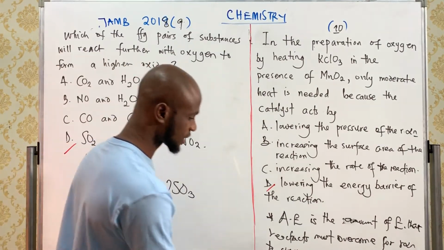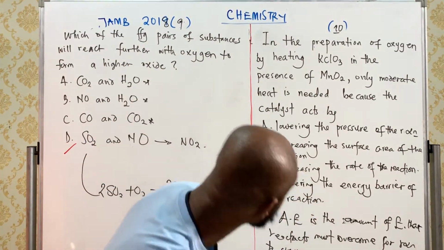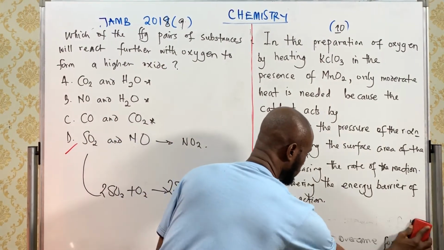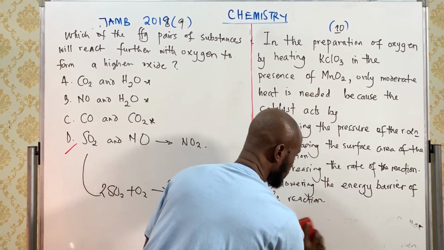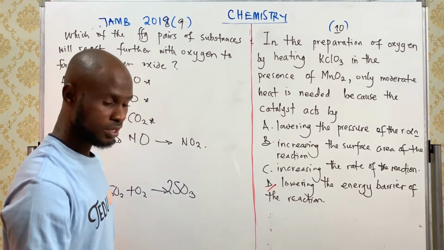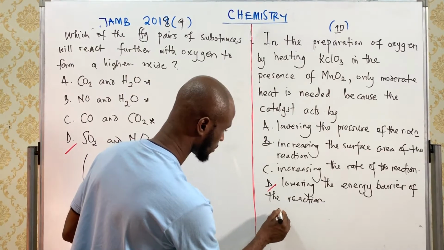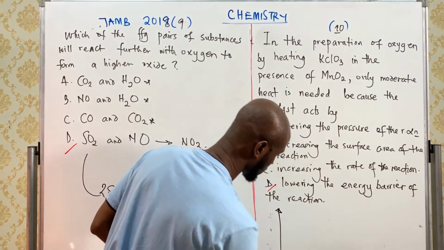So when you add catalyst to the breaking down of potassium trioxochlorate, then you don't really require a large amount of energy because catalysts will actually do the work.